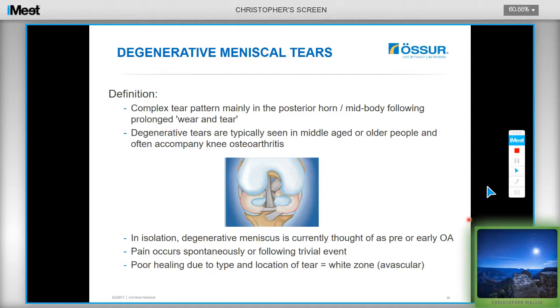So it is possible that someone can have a degenerative meniscal tear in isolation, and in these cases it's thought of as being pre or early OA.